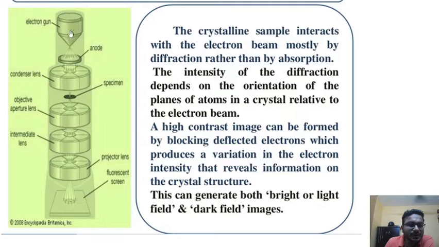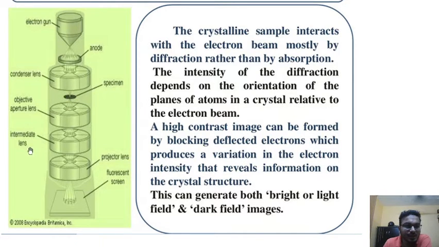So as usual we have an electron gun and cathode, and then we have a condenser lens. After the condenser lens, we have an objective aperture lens, and in between these two lenses we keep our specimen, that is over here.